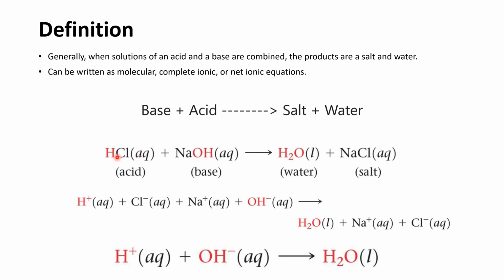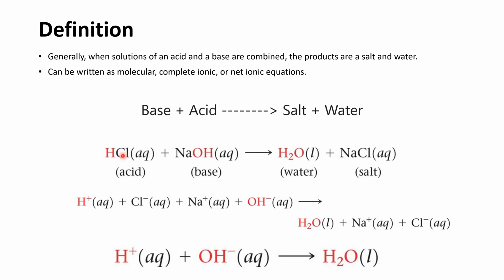Here, if you just focus, if there is no numeral before any molecule, it means this is only 1 mole. If there is a 2 in front of the HCl, it means 2 moles of HCl are participating in this reaction.